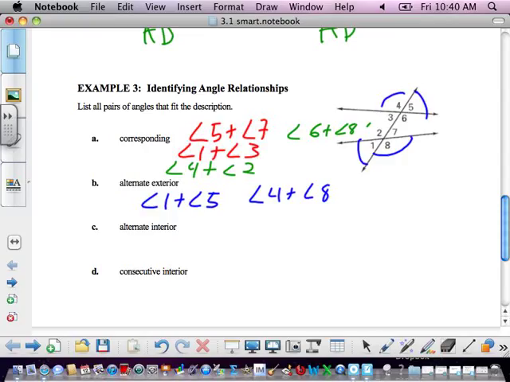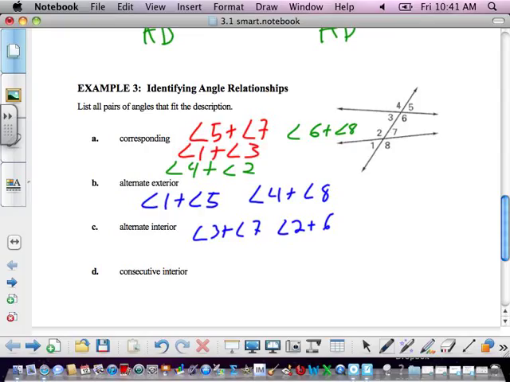Okay, let's look at alternate interior. Alternate interior is going to be where? Interior means inside. 7 and 3, because they have to be alternate to each other. What's the other one? 2 and 6. Okay, consecutive interior.